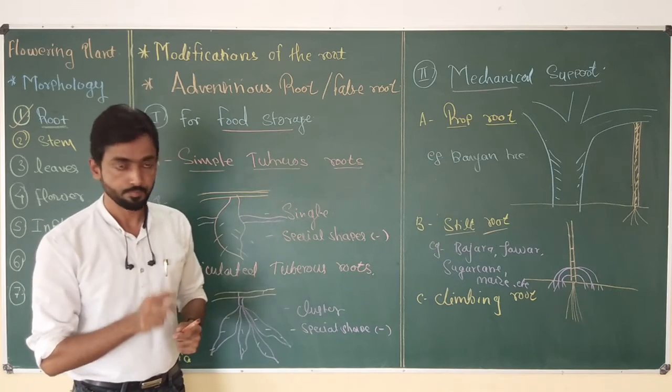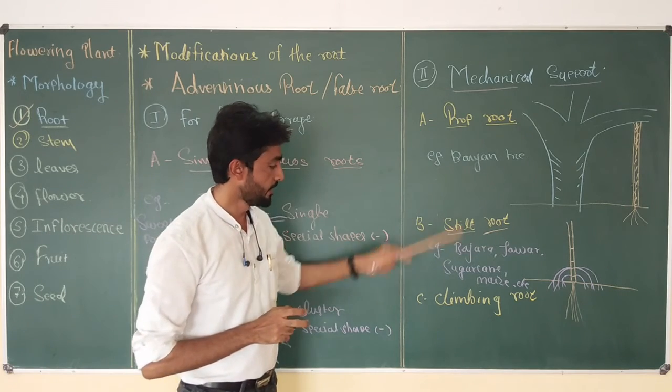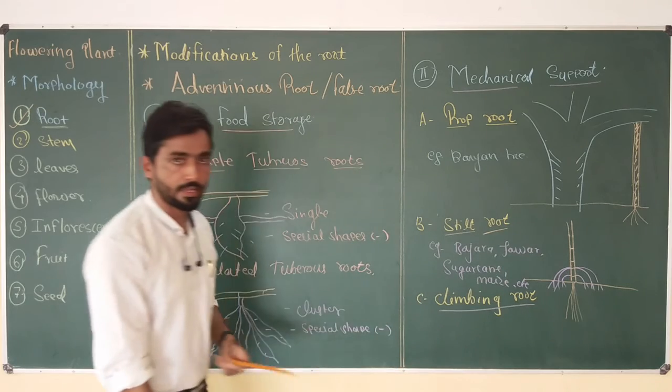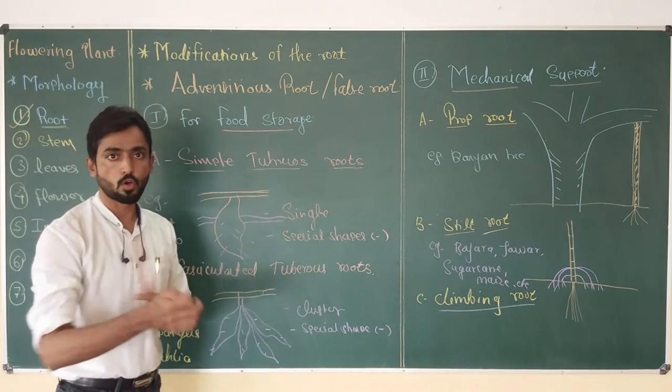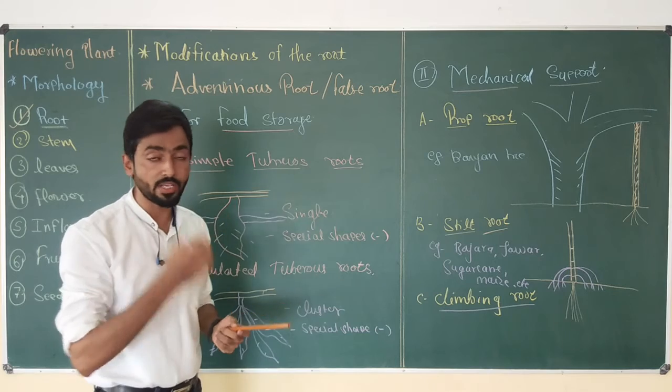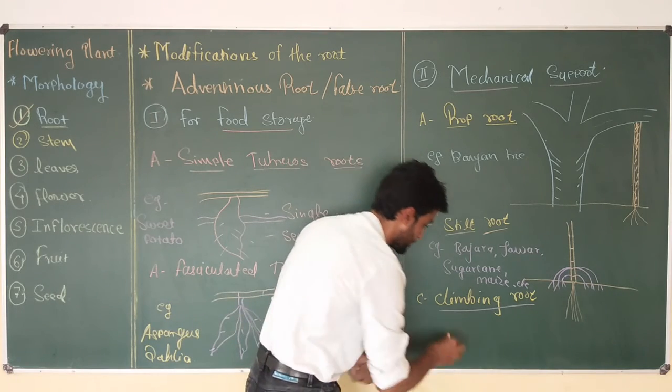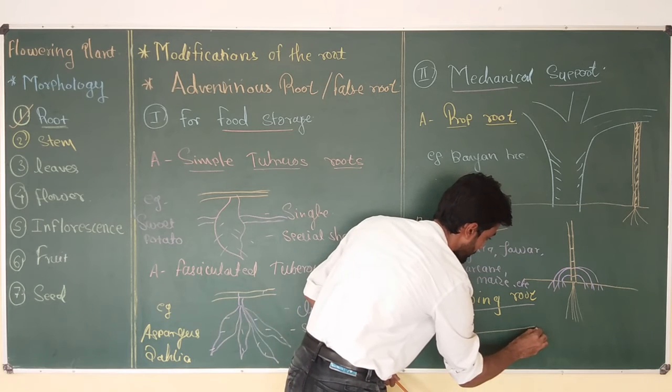The last type of root which comes in this category is the climbing root. When a plant is unable to hold its shape, or if the plant has a weak stem, in that case, suppose this is the stem of the plant.